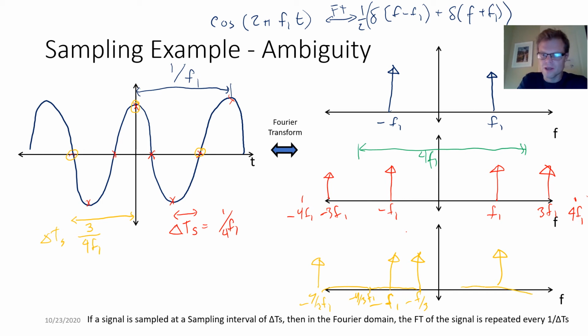Same thing on the other side, f1/3, etc. And then when we do this in the discrete Fourier transform, all that we'll see is the center region with a width of 4/3 f1.